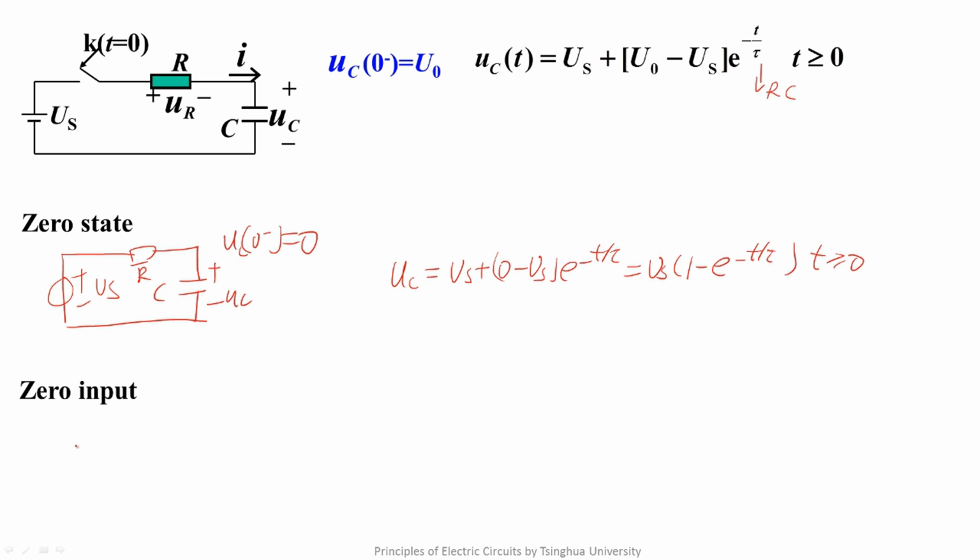If the circuit has no inputs, but the energy storage element has initial values, it will still have a transient process once the switch is turned on at t equals 0. This is also a first-order circuit, which can be solved by the three elements method. This is the solution.